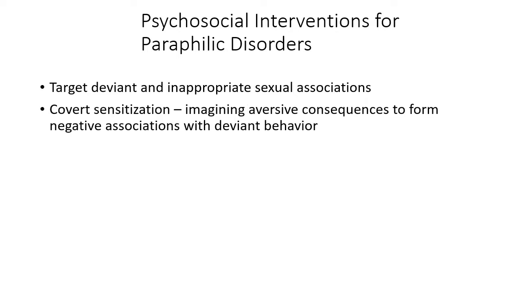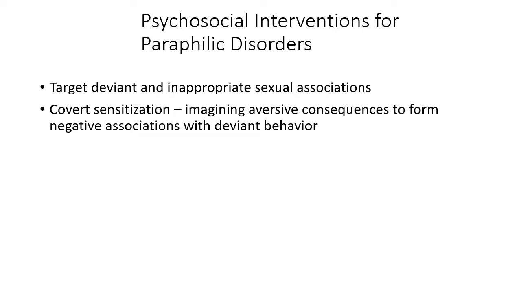As far as interventions, there are some really good, really strong interventions out there. First, therapists target any deviant or inappropriate sexual associations. Covert sensitization can occur. This is where you imagine aversive consequences to form negative associations.